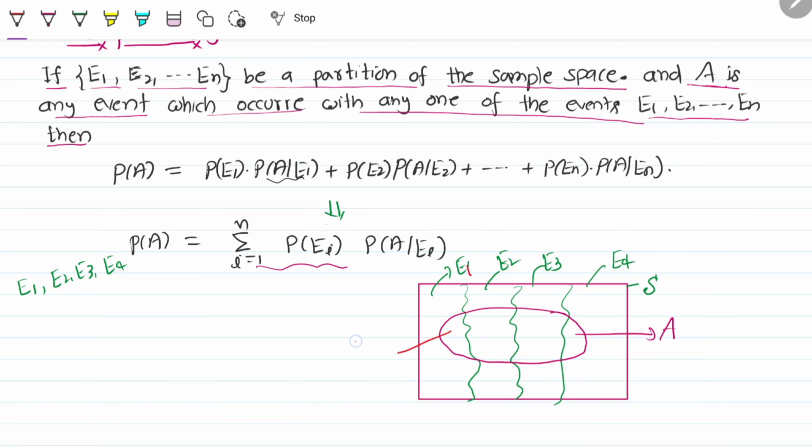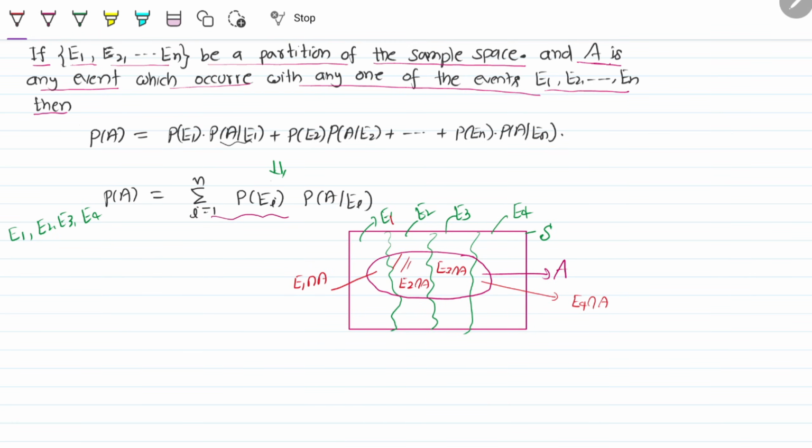So see, what is this part? This part is E1 intersection A. What is this part? This is E2 intersection A. What is this? E3 intersection A. And what is this? E4 intersection A. So if I want to write capital A, can I write like this?